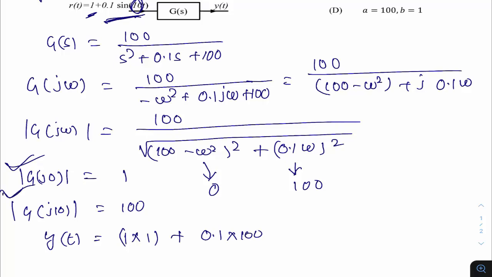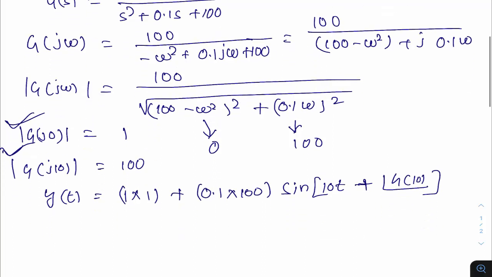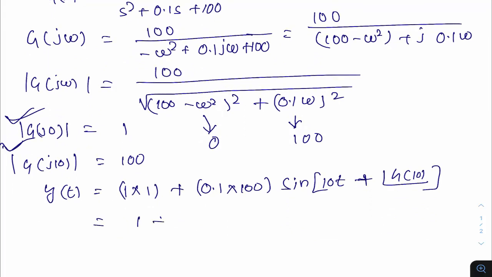So 0.1 into 100, and then sine of 10t plus the phase. The phase is not necessary here, but if you need it, it will be the phase of G of j10. If you simplify, this is 1 plus 0.1 into 100, which is 10, sine of 10t plus the phase of G of j10.